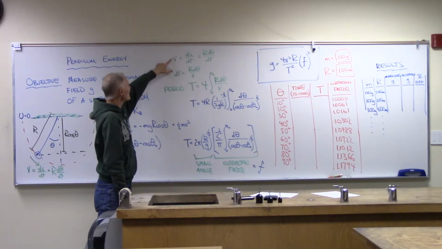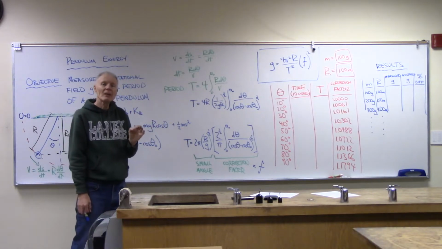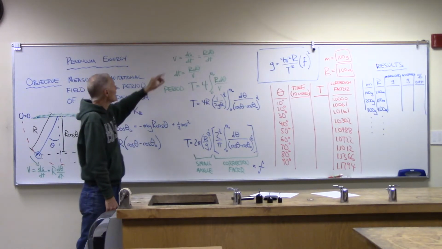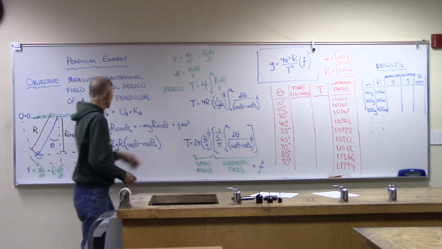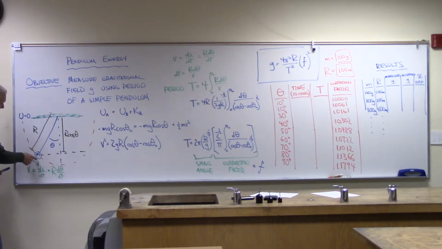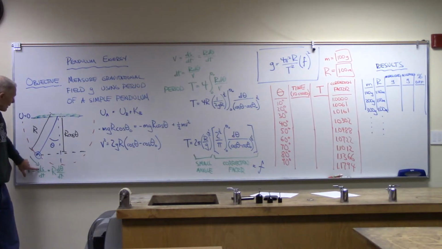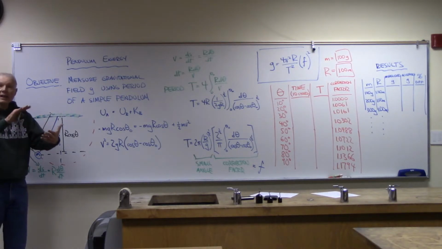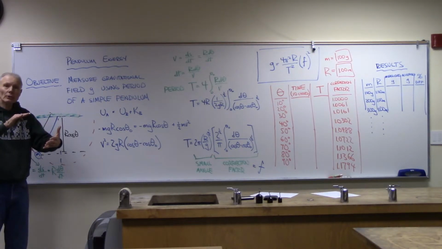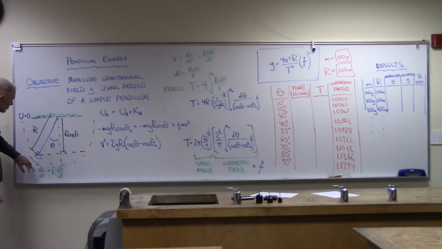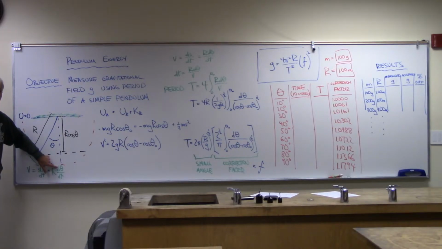What we can do is we can say that the velocity at any instant is given by ds dt. So here it is at some point, and during the next time interval of dt, it will travel a distance of ds, where ds is a length along the circular path. So ds along a circular path can be written as big R times d theta.